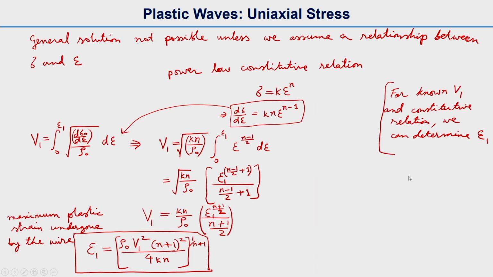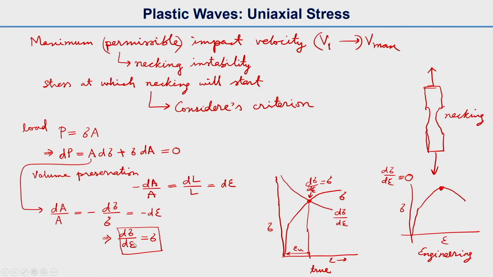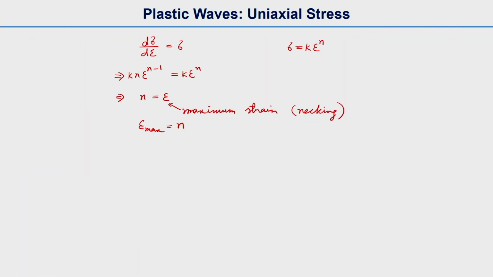What we had in the earlier expression was the maximum plastic strain in terms of V1, that is the impact velocity. We will use that expression, however we need the other way around: we need the maximum permissible V1, the impact velocity, in terms of epsilon 1. And we know that epsilon can be replaced by n, the work hardening exponent.